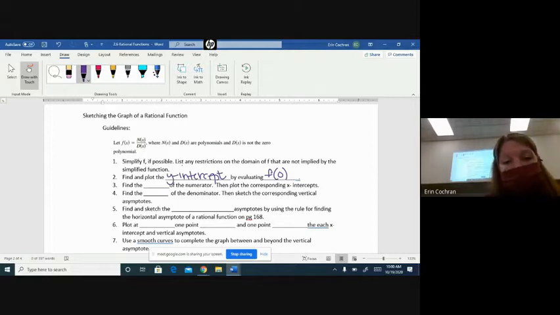Then we're going to find the zeros of your numerator. Okay. Then plot the corresponding x-intercepts. Then we'll find the zeros of your denominator. And that will give us our vertical asymptotes, won't it? The zeros of the denominator. Then we'll find and sketch the horizontal asymptotes.